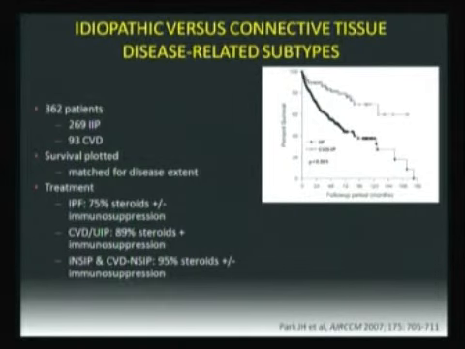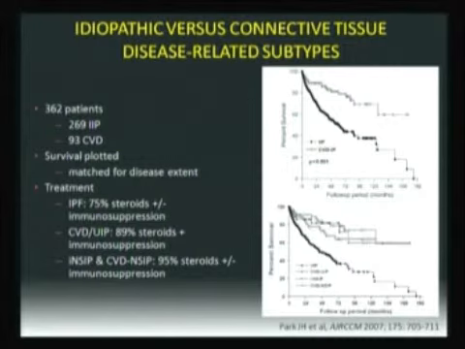So this is idiopathic versus connective tissue disease related subtype, and you see that they are completely different in terms of survival. Anytime that there is a connective tissue disease underlying your ILD, even in the absence of treatment, the prognosis will be better than in patients with idiopathic pulmonary fibrosis.